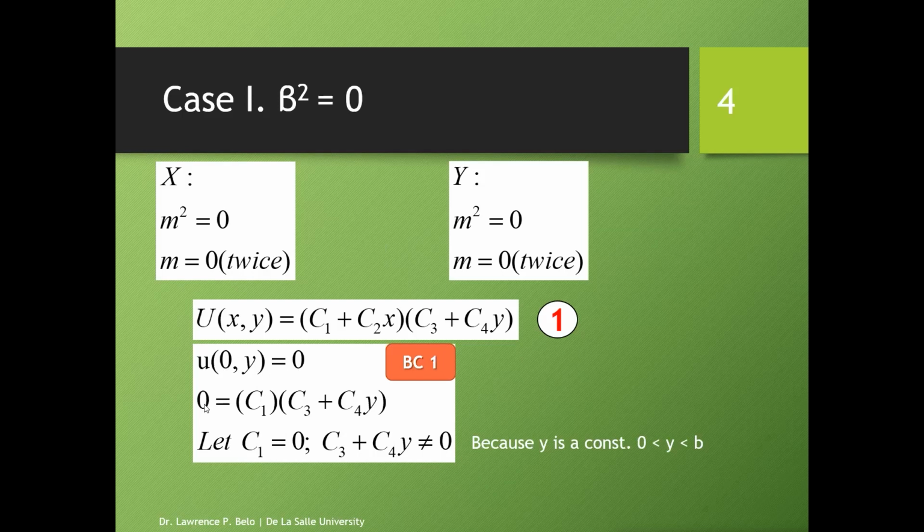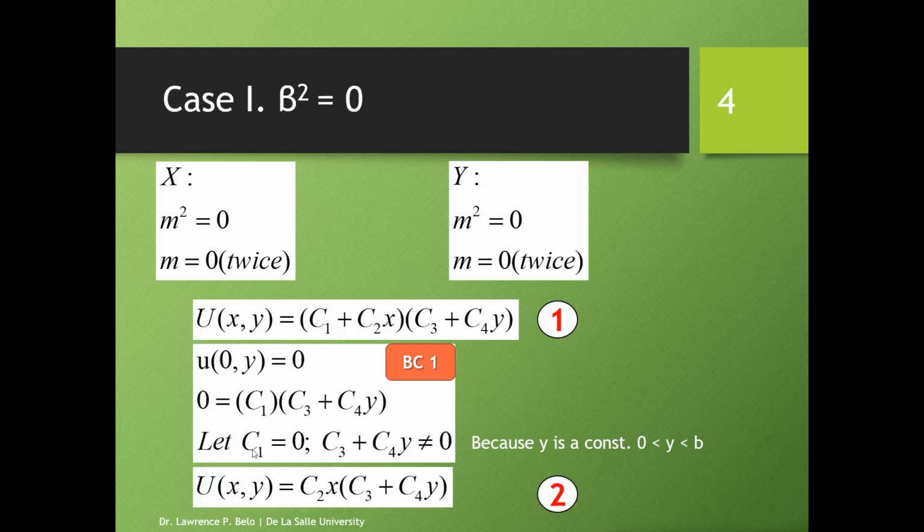So I can say 0 is equal to c1, because this becomes 0, times c3 plus c4y. In this case, if I let c1 be equal to 0, c4y plus c3 should not be 0. Why? Because y is a constant greater than 0 and less than b.